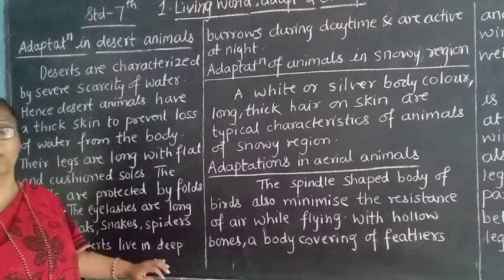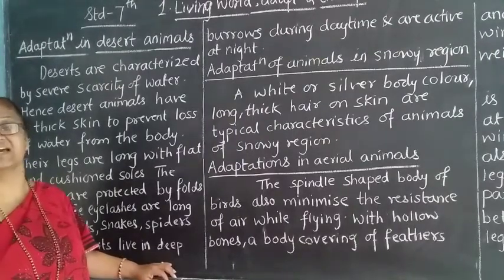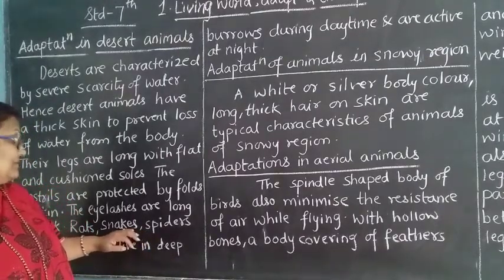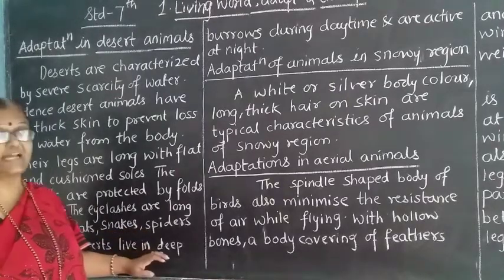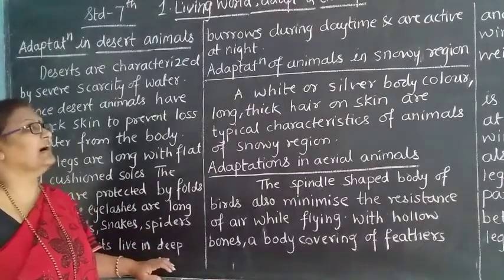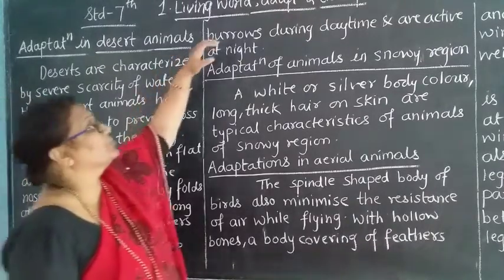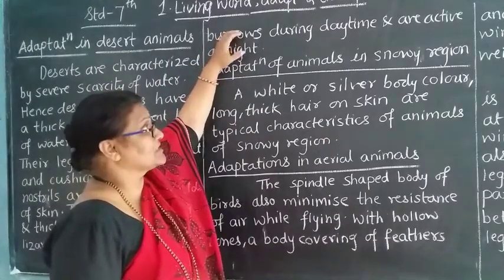They can cope with nature, so that they can live with a scarcity of water. Nature has made these animals to live in the sandy soil, in the desert region. But where are they living? They are living in the burrows. They are living in deep burrows.